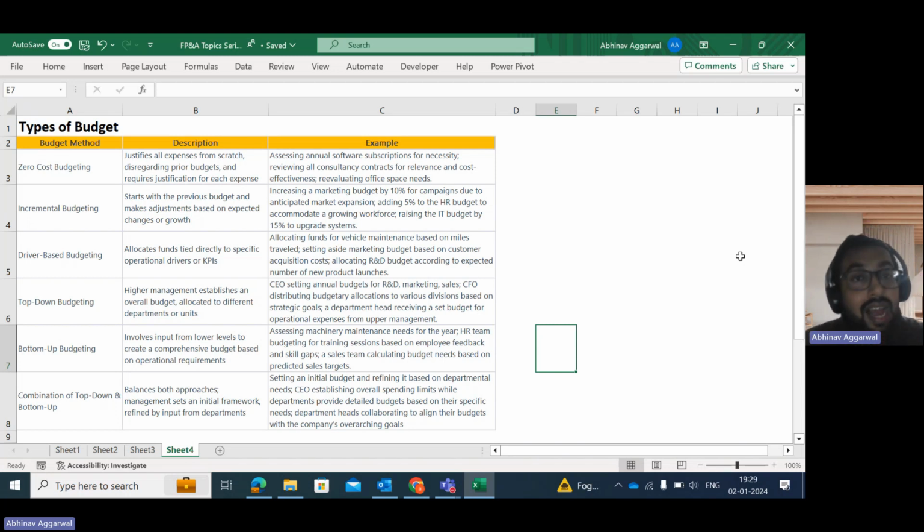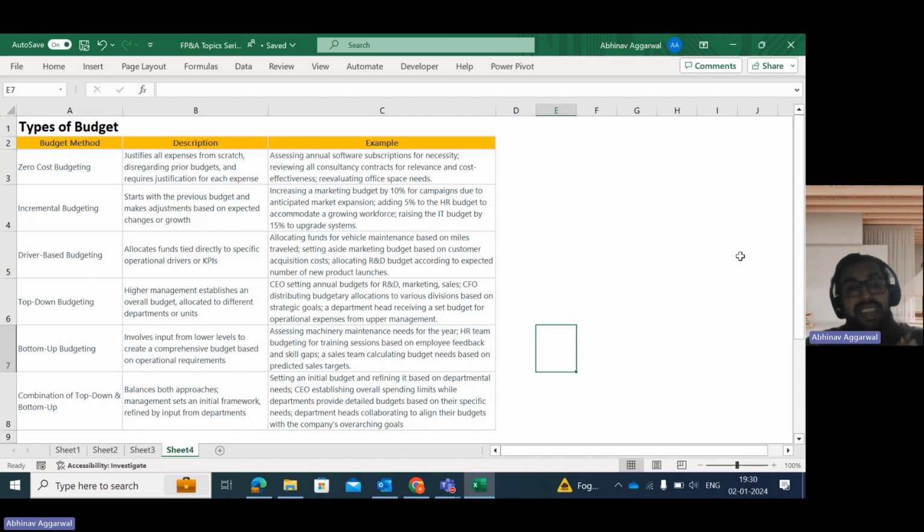The other method that I recommend is the combination of top down and bottom up. Herein we are balancing both approaches, wherein the management sets an initial framework that is refined further by departments. The CEO or CFO establishes the overall spending limits, while the department's job is to provide a detailed budget based on their specific needs.